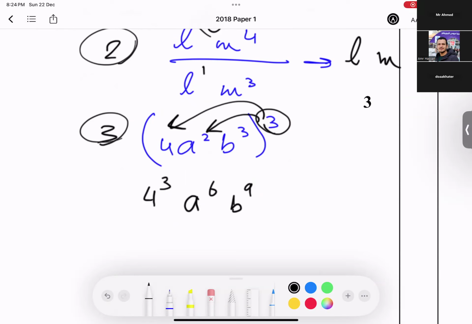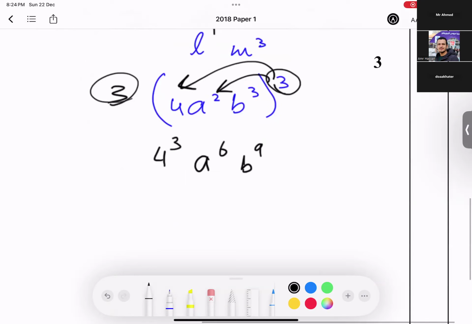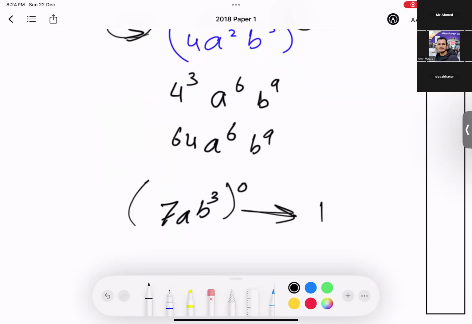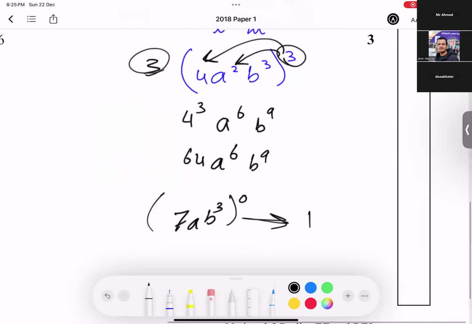Is it clear for you? Yeah. Okay, so 4 to the power 3 is going to be 64, a to the power 6, b to the power 9. And any number raised to the power 0, for example, if you have 7a b to the power 3 all to the power 0, any number raised to the power 0 is supposed to be 1, except 0 to the power 0. Did you get it? Yeah.